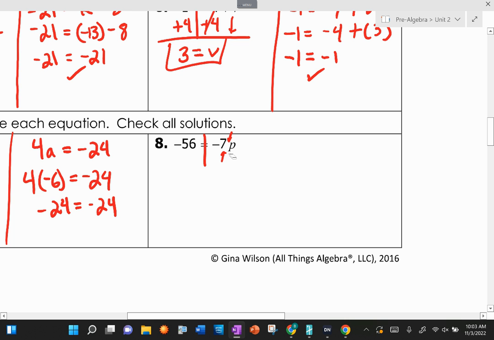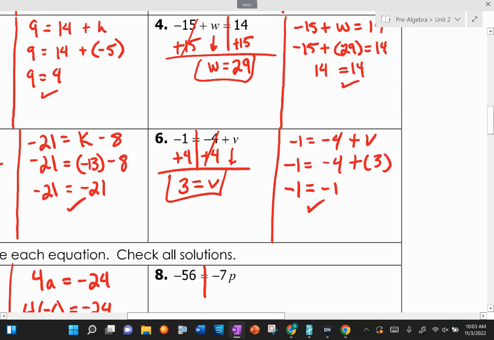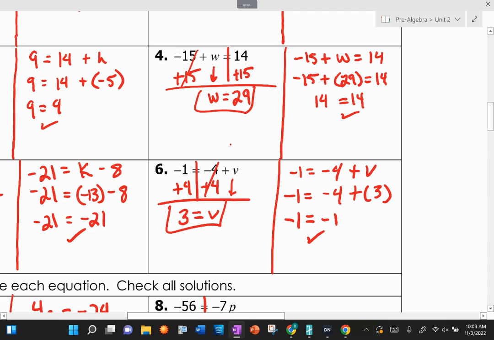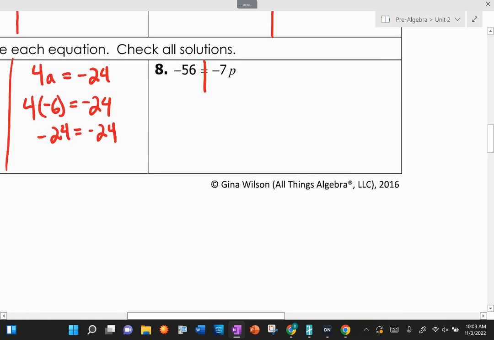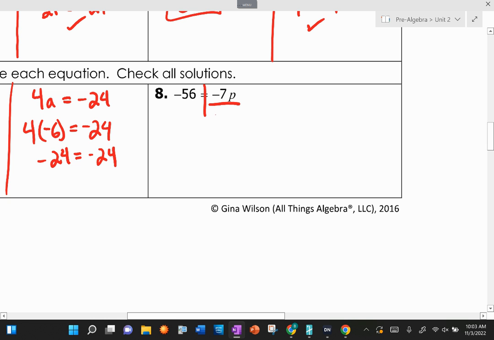Up here, if it's addition or subtraction, there's something in between the variable and the number. So it's multiplication. We're going to divide by -7 on both sides. The -7s will cancel out on the right side and give me P. And then -56 divided by -7 will be 8.